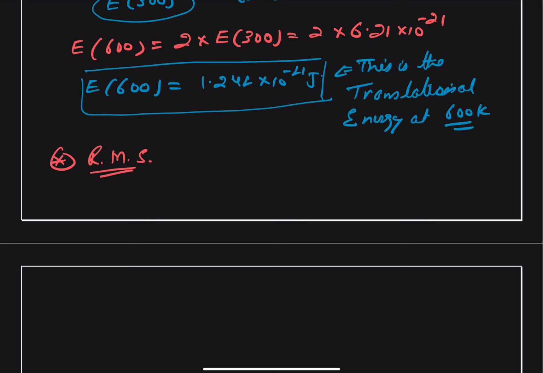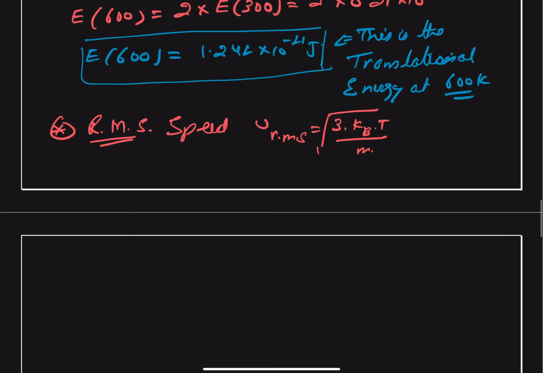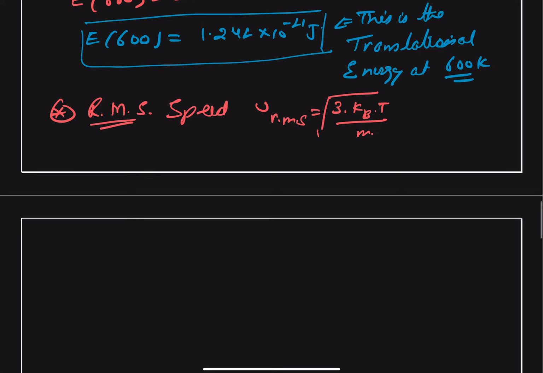If we write it as Vrms, then Vrms is equal to the square root of 3 multiplied by Kb multiplied by T divided by M. Here also we can say that Vrms is directly proportional to the square root of temperature.